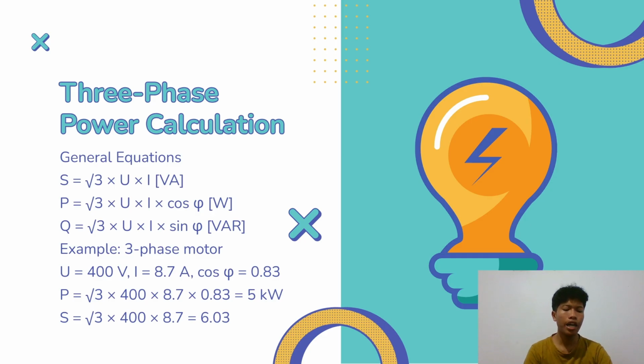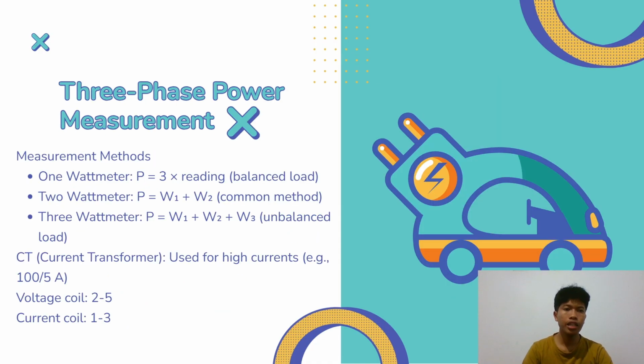Apparent power S equals root 3 times 400 times 8.7, which equals 6.03 kilovolt-amperes.